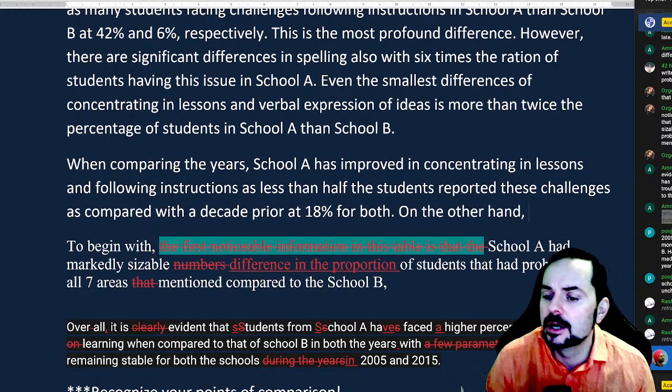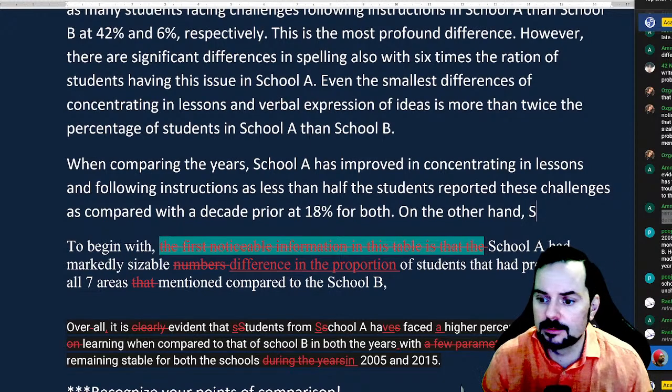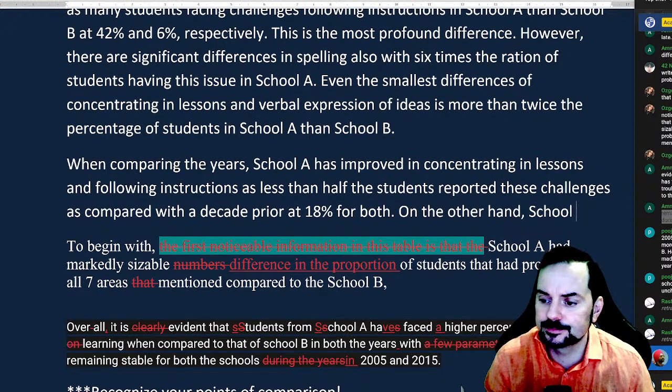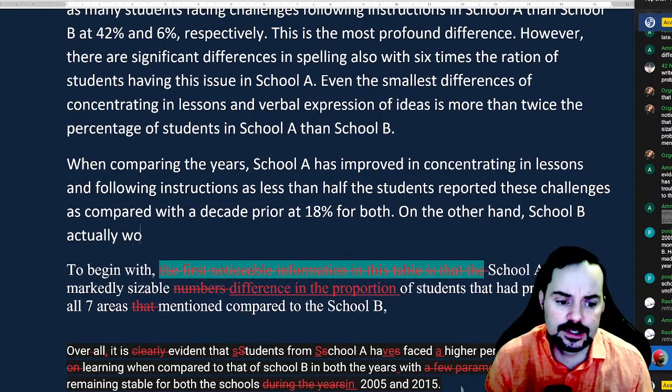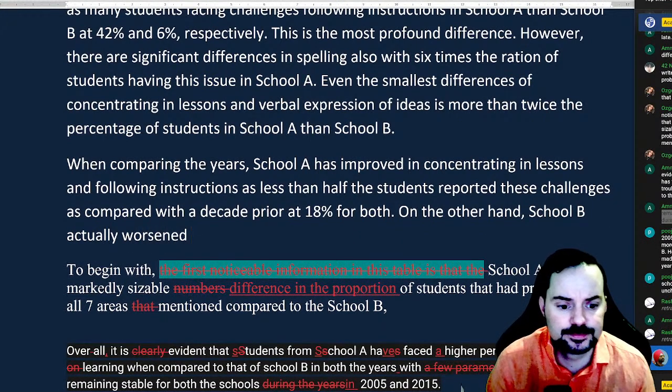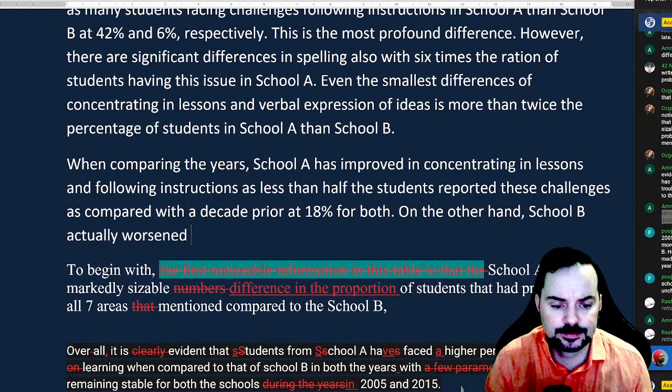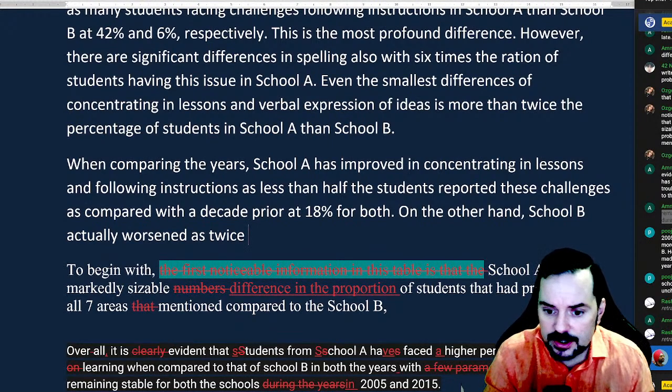On the other hand, notice the way I'm joining these. So on the other hand, School B actually worsened, as twice as many of their, so twice the proportion, not many, because we don't know how many students.